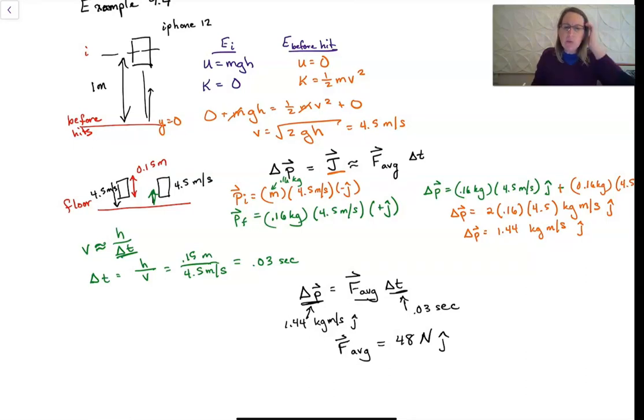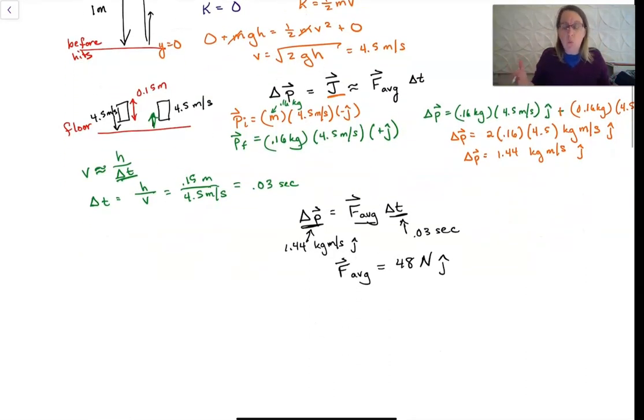That doesn't seem too bad, but if you compare it to its own weight, the weight of the iPhone, it's not very massive, right, because you're carrying it around. It's not too heavy. The weight is m times g, and when I look up, our m was the 0.16, 160 grams times 9.8 meters per second squared, just for comparison.